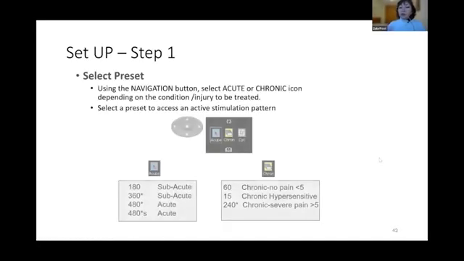Okay, so how do we treat? There's basically 3 steps. First of all, we set up the device. Setting up the device, you need to know where your patient is on this healing curve. Yes. So for example, if you deal with acute pain, you go for the acute box. If you deal with chronic, you go into the chronic box. These are recommended presets.